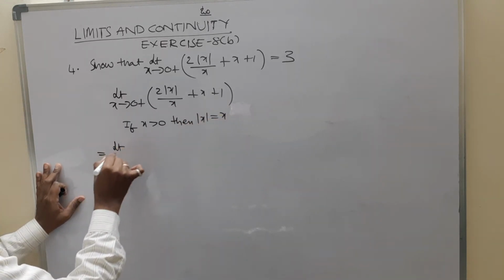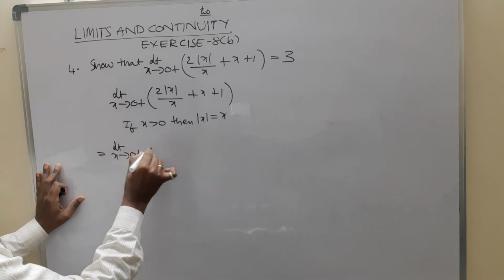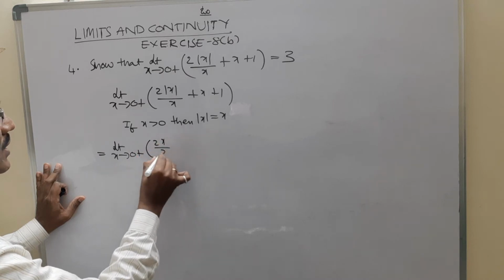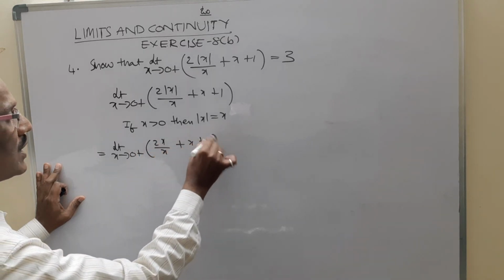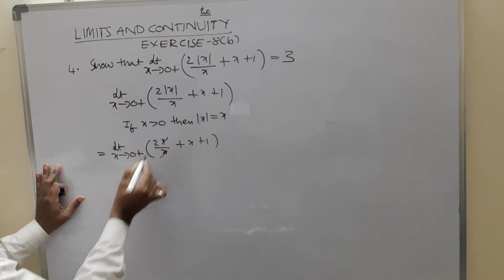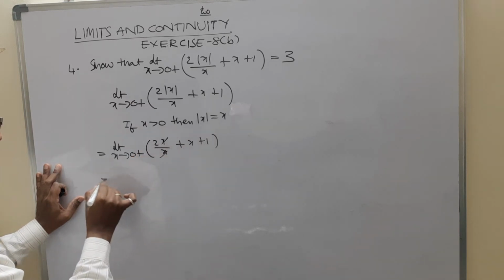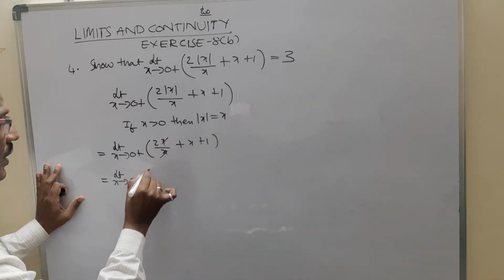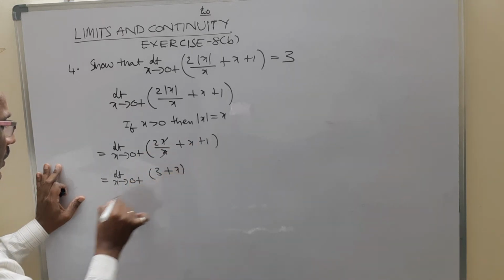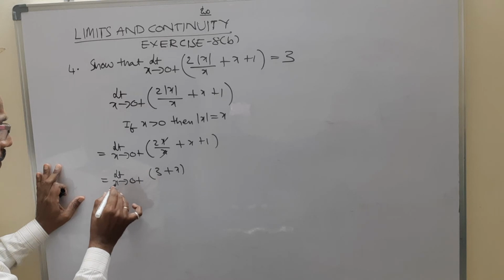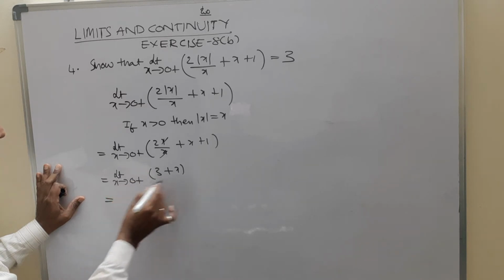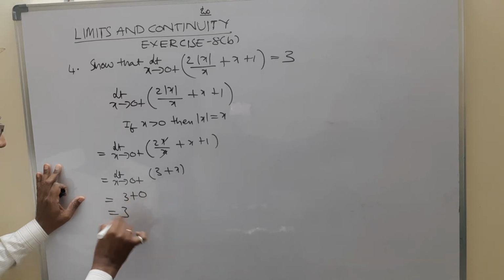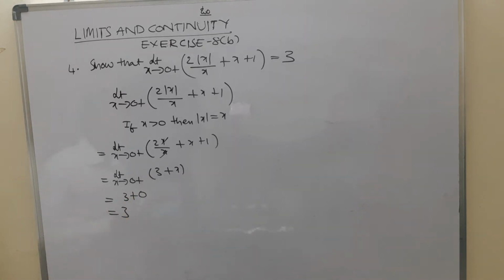That equals limit x tends to 0 plus of 2x by x plus x plus 1. x gets cancelled. Here 2 plus 1, 3. Limit x tends to 0 plus of 3 plus x. Limit x tends to 0 plus means we substitute 0 for x. 3 plus 0, 3. That equals 3.